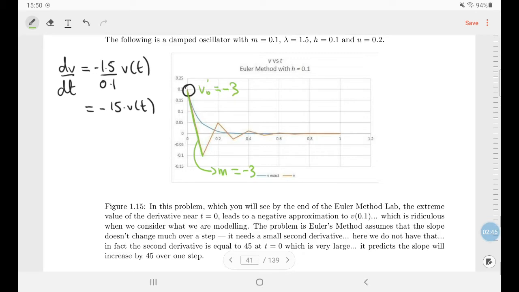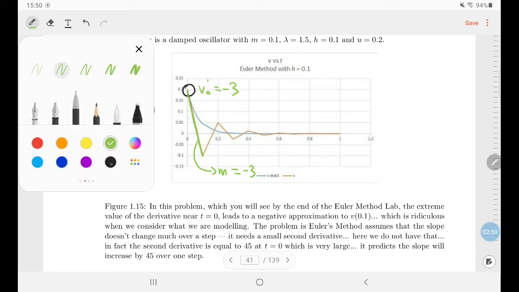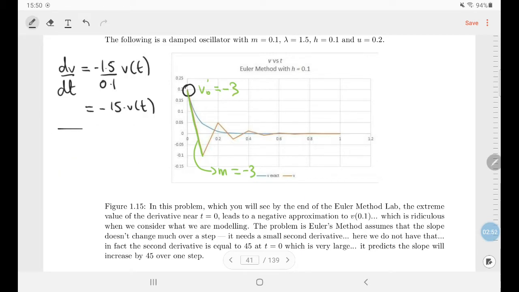The problem is, remember, what is one of the issues with Euler's method? It's the second derivative. So the error in Euler's method is of the order of the second derivative. If we look at the second derivative of v, we'll actually have to use implicit differentiation, but we'll do it here.